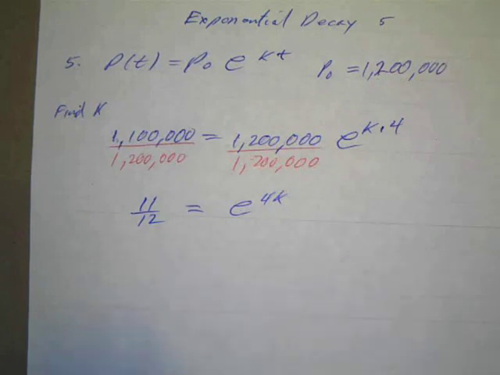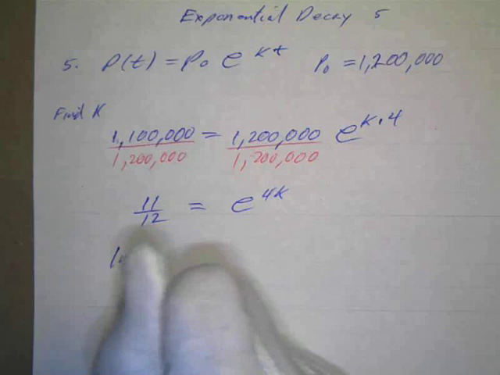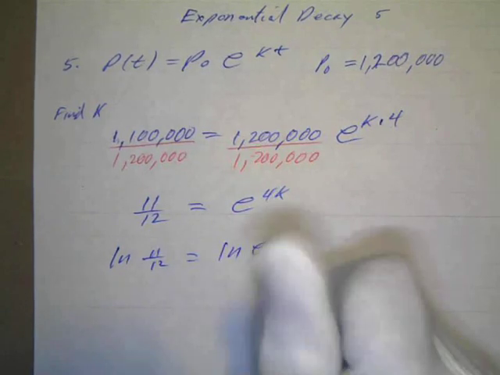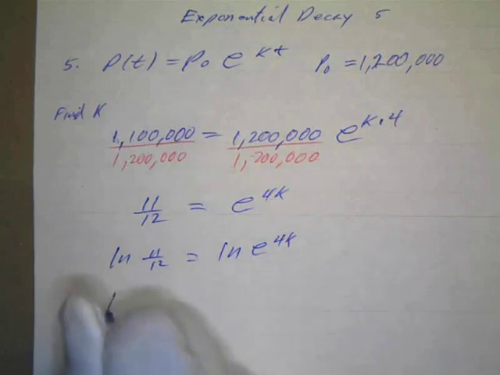All these big numbers got real small fast, so I take the natural log of both sides. Put the 4k in front.